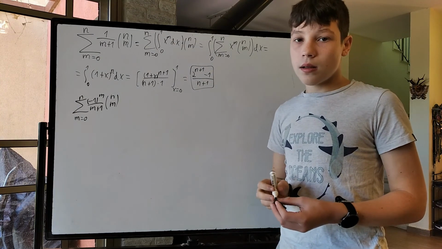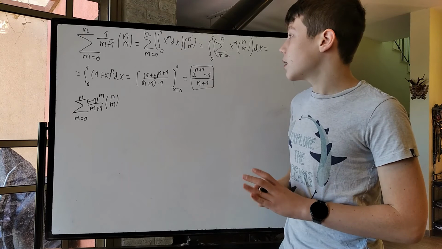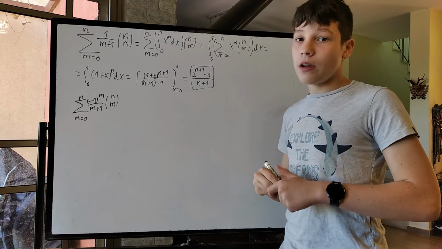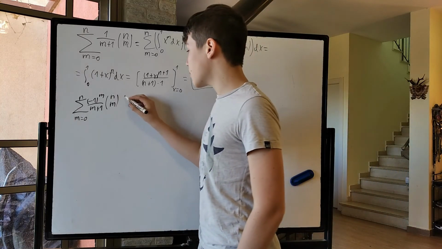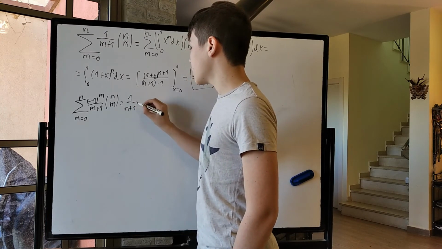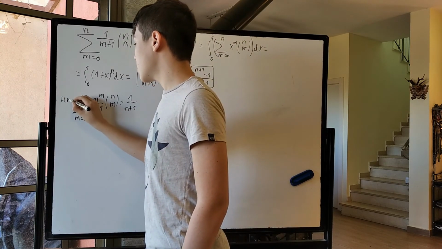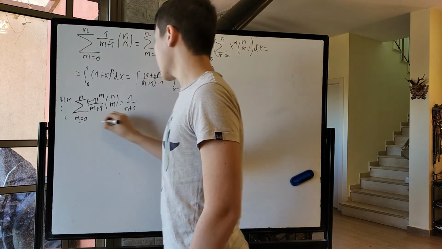And if you want to, just pause the video and try to work it out. Now, if you did work it out, you should have gotten 1 over n plus 1. So I'll write this as homework.